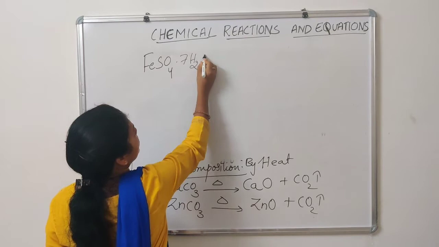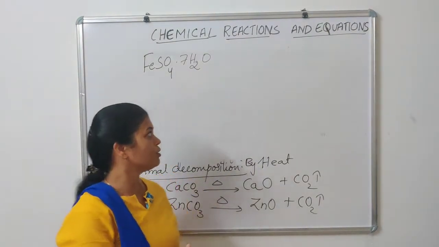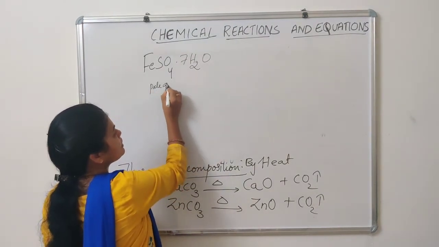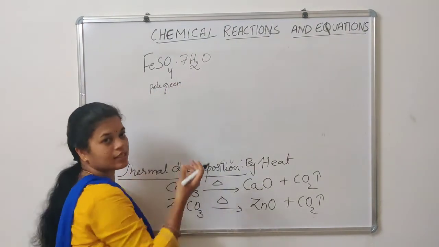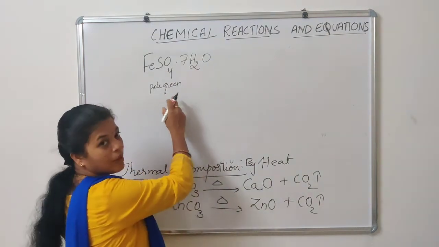It is a heptahydrate molecule. Some salts are hydrated. They contain water molecules. So iron sulfate is a pale green crystalline salt. It is a crystalline solid, just like sodium chloride, but its color is pale green.